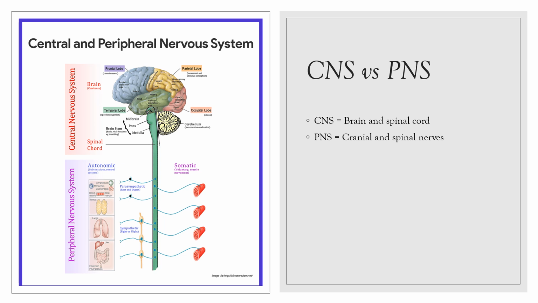Now you also have some sensory and motor sections around the midline of the brain, and that is where these motor neurons actually go down the spinal cord, and then the sensory neurons go up from the spinal cord. So you see these kind of intertwined and working together, but just be able to differentiate the two. The central nervous system is your brain and spinal cord, and then your peripheral nervous system consists of your cranial nerves and those spinal nerves.